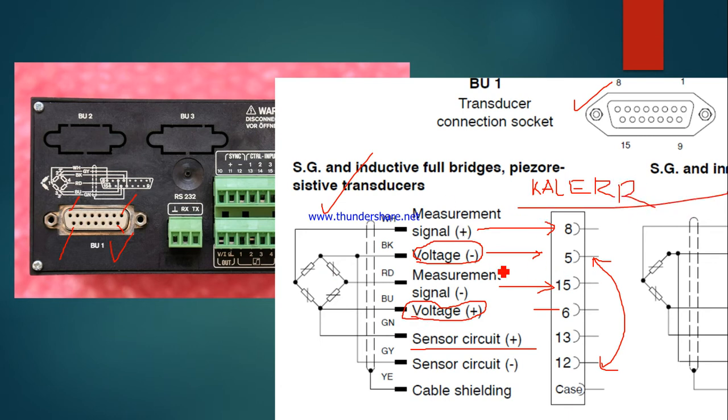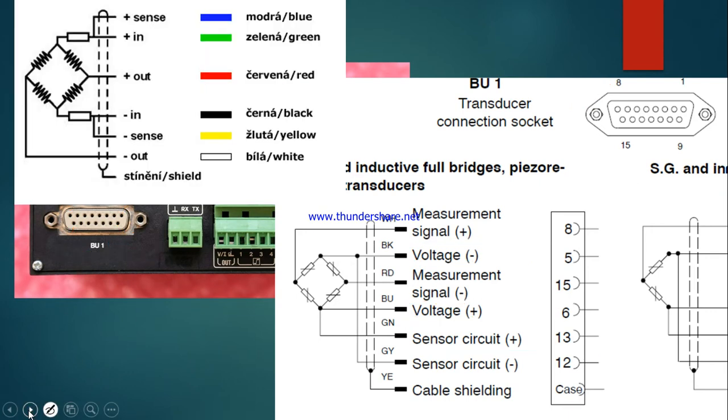Okay, so the main thing is, as per the data sheet of the load cell, you have to connect these 6 wires with the connector at the back side of the amplifier. And this is a common code. The sensor circuit plus and excitation plus are blue and green. Then the excitation negative and sensor circuit negative are black and yellow.